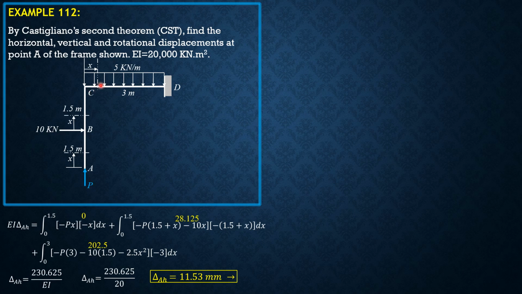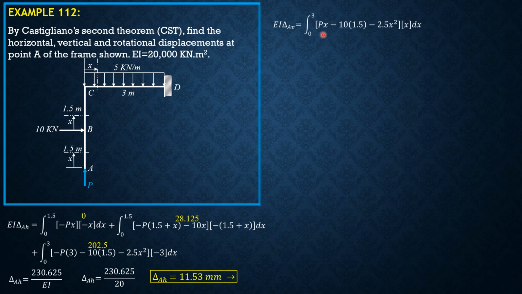So there's only one integral. In this section here, the moment is Px minus 2.5 x squared. So EI delta A vertical equals integral 0 to 3 of Px minus 2.5 minus 10 times 1.5 minus 2.5 x squared. This is included.